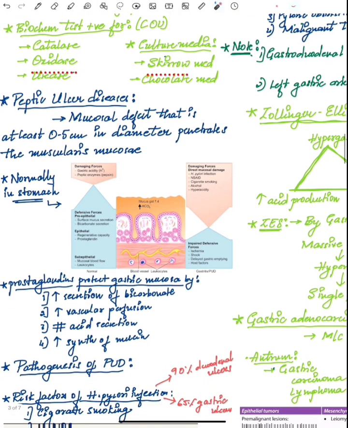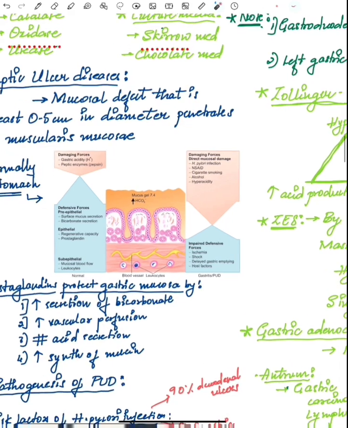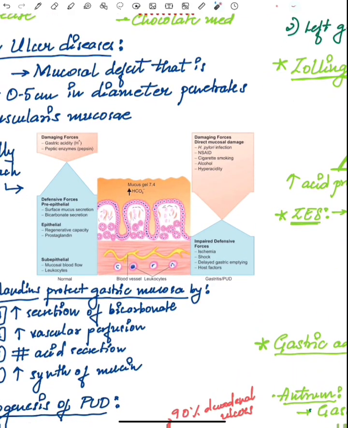The next important part is peptic ulcer disease. Peptic ulcer disease means a mucosal defect that is at least 0.5 centimeter in diameter, which penetrates the muscularis mucosa. Normally in the stomach, there are two sets of forces: the damaging forces, which are gastric acidity and peptic enzymes, and the defensive forces.